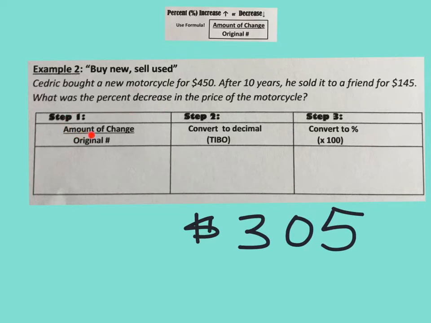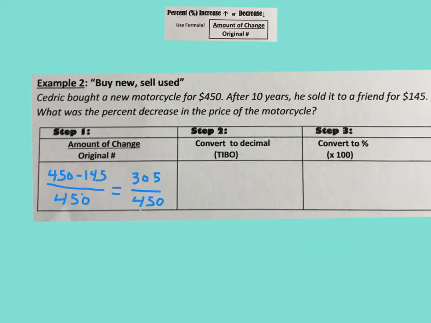We're going to put the amount of change in the price, so 450 minus 145, which of course is 305, over the original price of 450. So I'm going to go ahead and fill that out, and then I can figure out what the percent decrease in the price will be. All right, so I filled in this box.